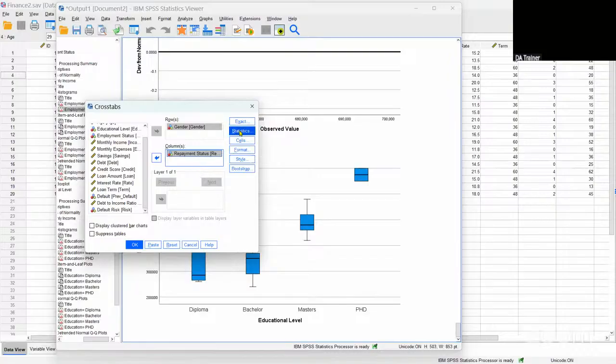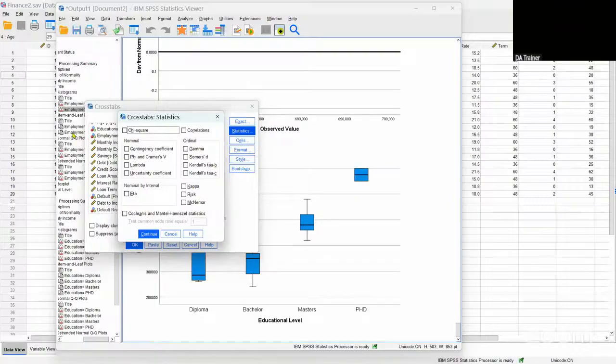And then under Statistics, just activate chi-square. Then activate the cell row as well. I may even like to activate the contingency coefficient and even correlation for now.